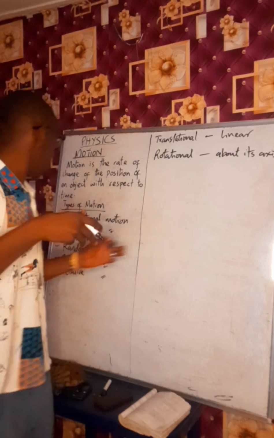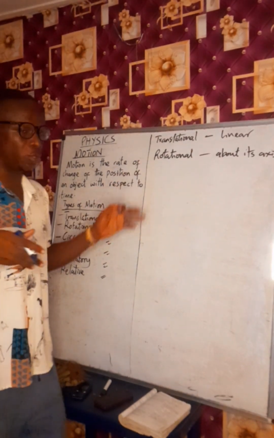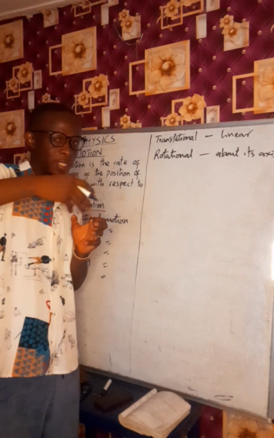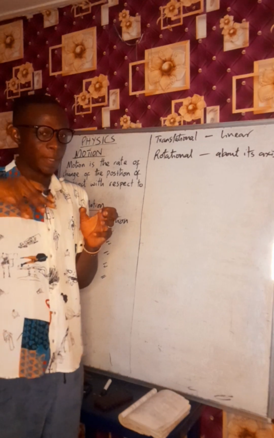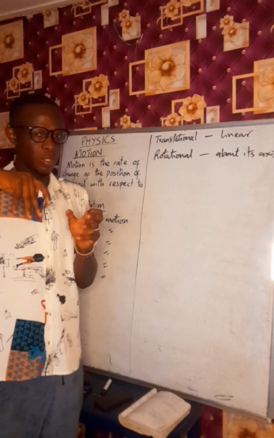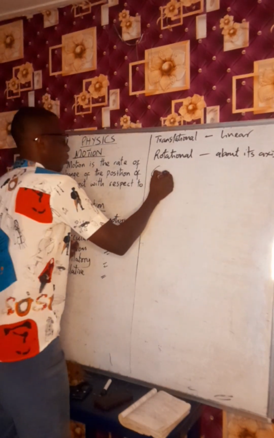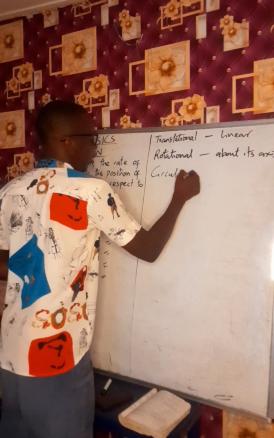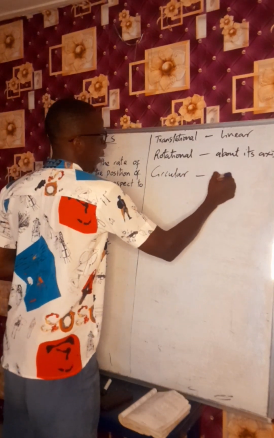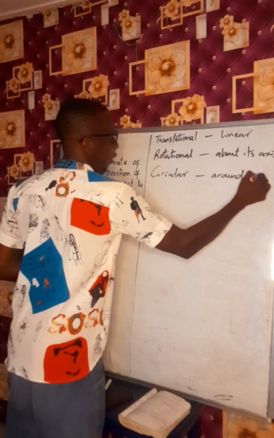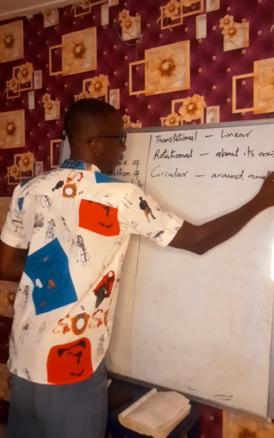Are we there? That's why I'm putting these two together, circular and rotational motion. Movement around another body is circular motion. The movement about your axis is known as what? Rotational motion. So circular motion is around another body.